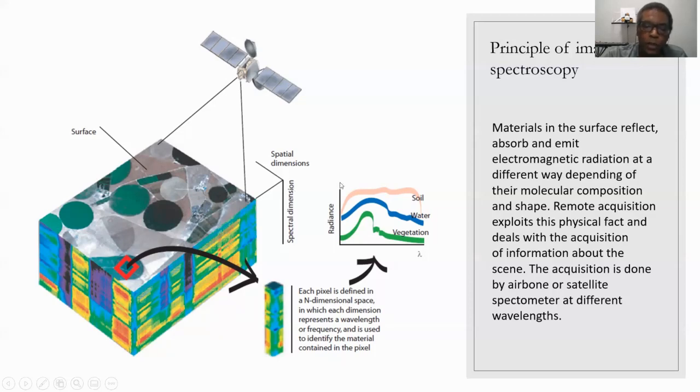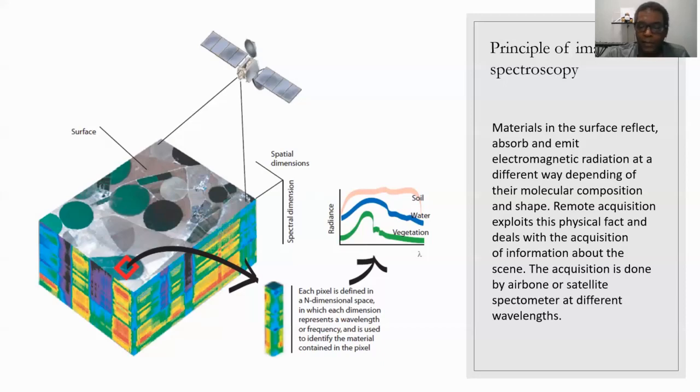Also here we have another graphic that shows the radiance of materials like soil, water, and vegetation. So we have different radiance for different materials, and this information can be acquired by the airborne or satellite spectrometer.